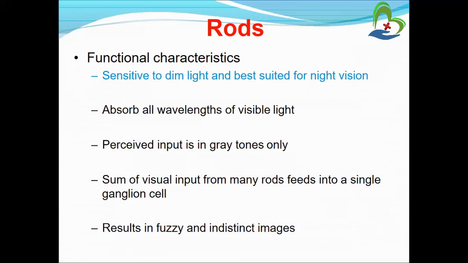Some of the visual points from many rods feed into a single ganglion cell, and it results in a fuzzy and indistinct image. So the image we see is indistinct and maybe fuzzy.